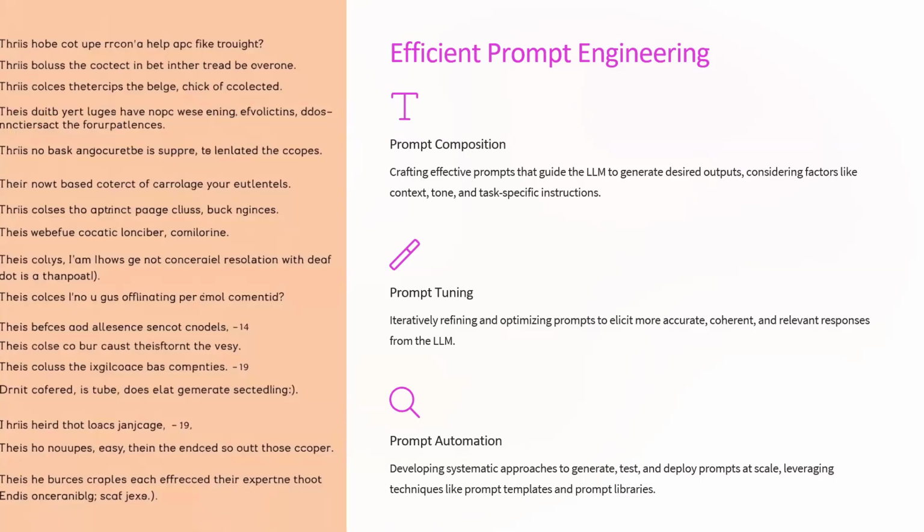So it should be clear what we want, so that the LLM will provide the desired output. Then prompt tuning: iteratively refining and optimizing prompts so that accuracy also improves, and we get the output which we want from the LLM.